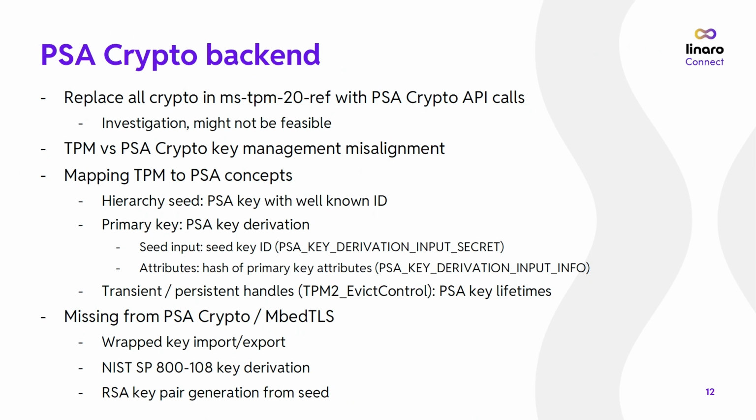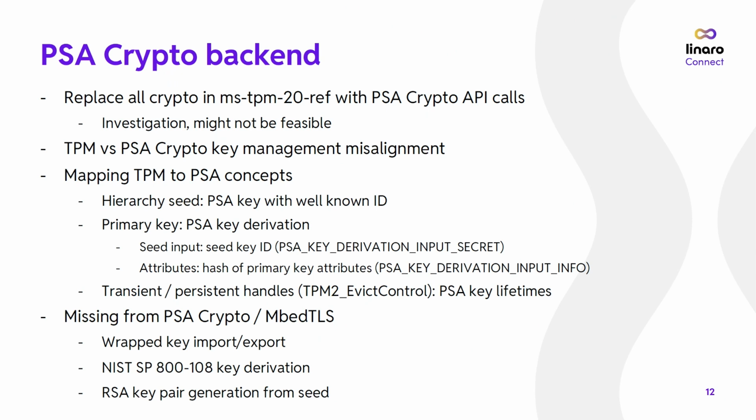And from this key, we can use the PSA key derivation to derive the primary keys, because this API allows a secret input, like an ID of an input key. And with this, we can do the key derivation without the seed or the primary key private key material ever leaving the PSA Crypto implementation.